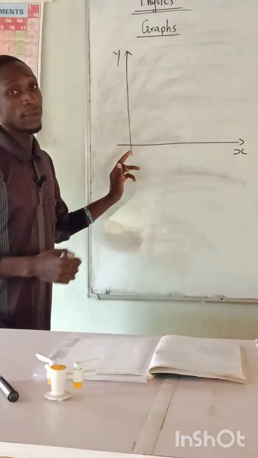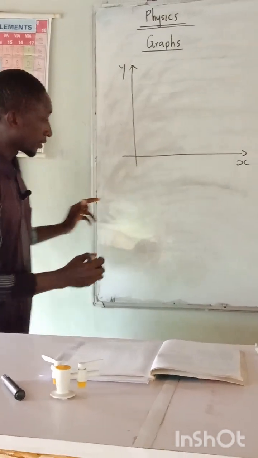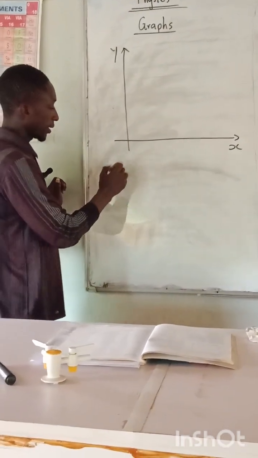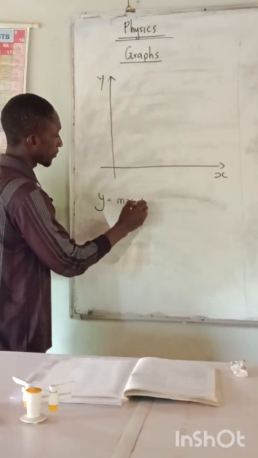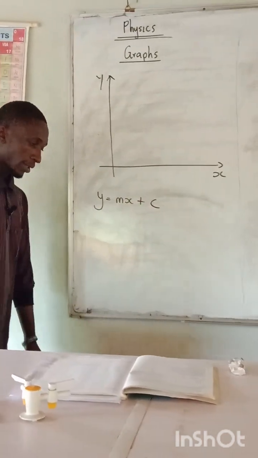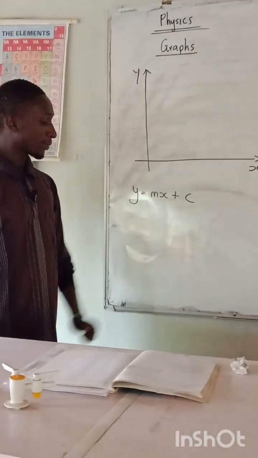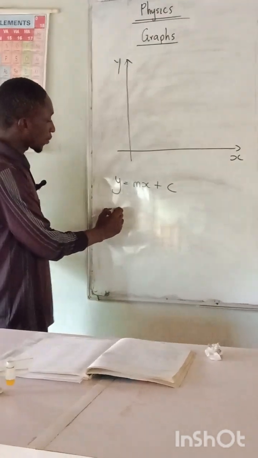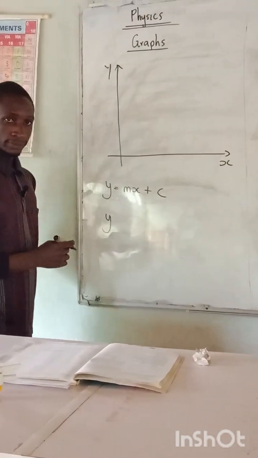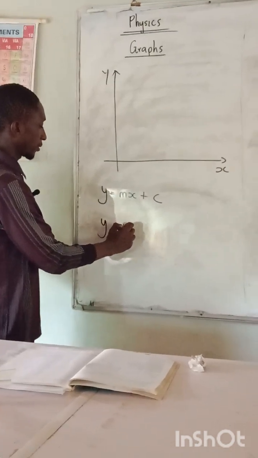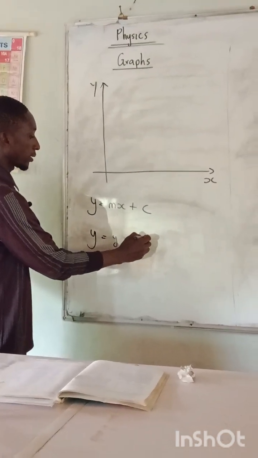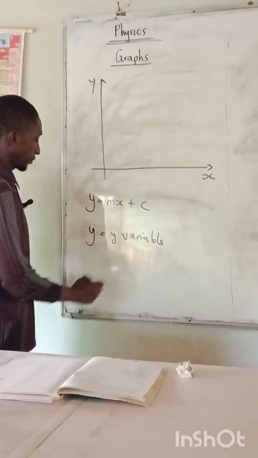Now, according to the straight line equation, we know that in a linear equation, we have that y is equal to mx plus c. Now, if y is equal to mx plus c, we say that y, which is on the vertical axis, is our y variable.